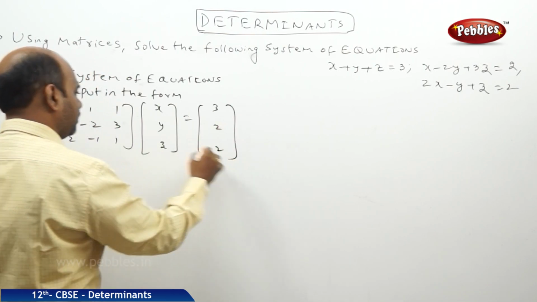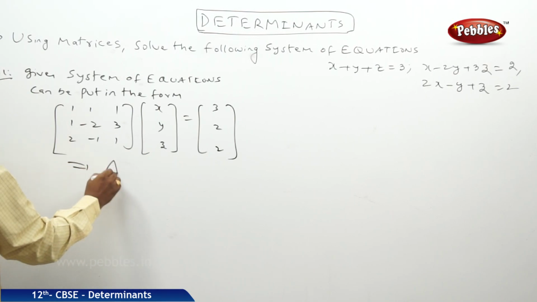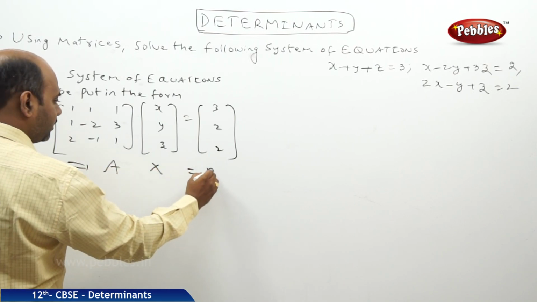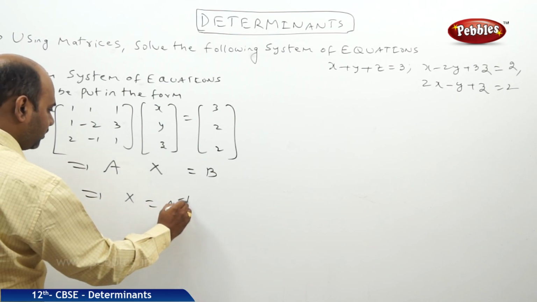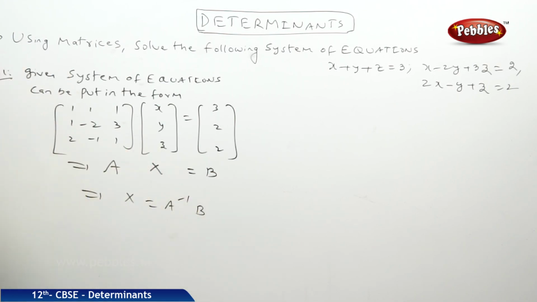And this whole thing is nothing but A, this is nothing but x, this is equal to b. So from this I can write x is equal to A inverse b.